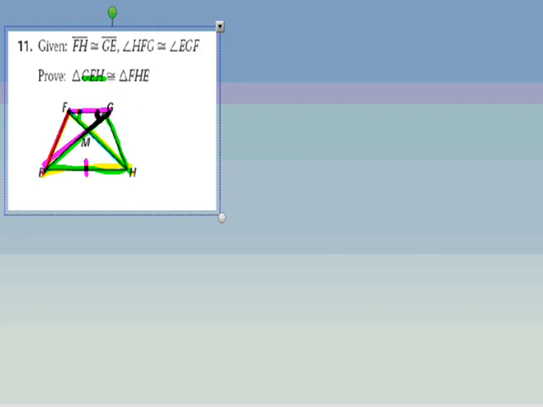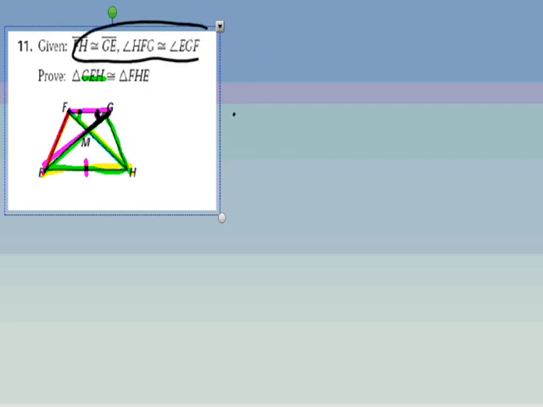If I do that, the good news is it gives me this side right here and this side right here, which then, in addition to my two sides that I already had, give me three sides, and I can prove the triangle is congruent. So we're going to have to prove one set of triangles congruent in order to prove another set of triangles congruent. So let's do that now that we've got our strategy.